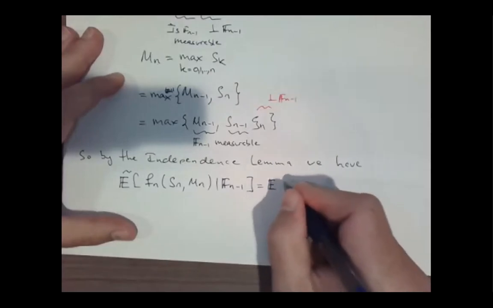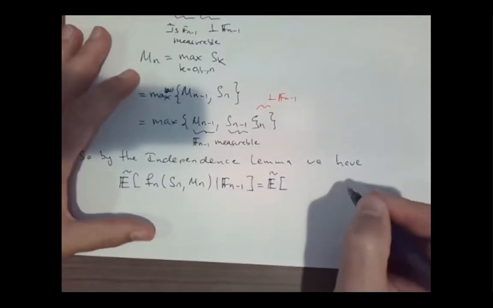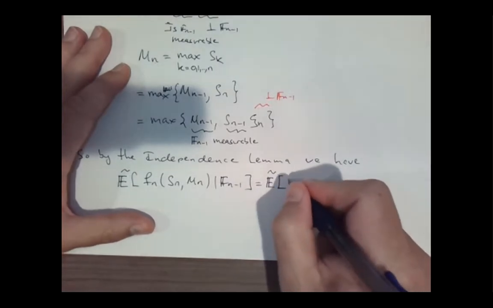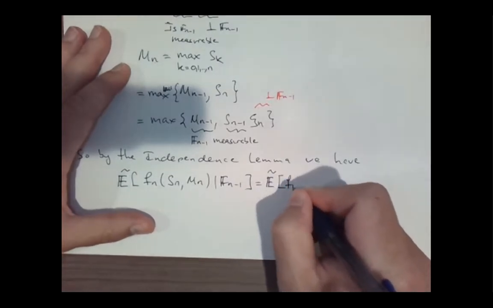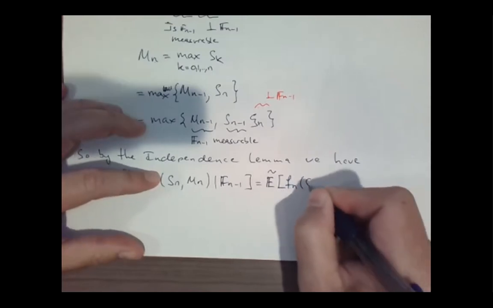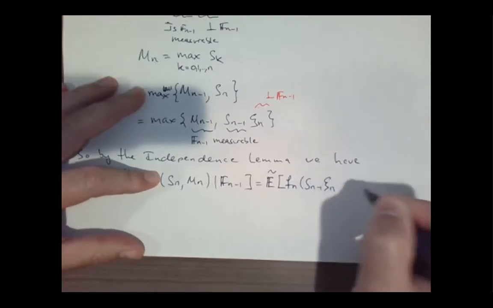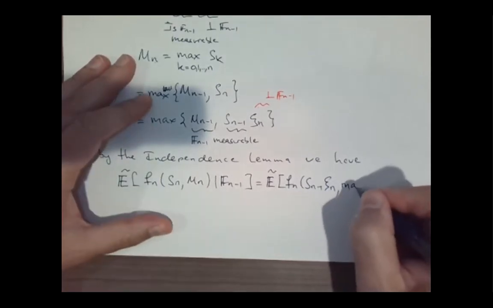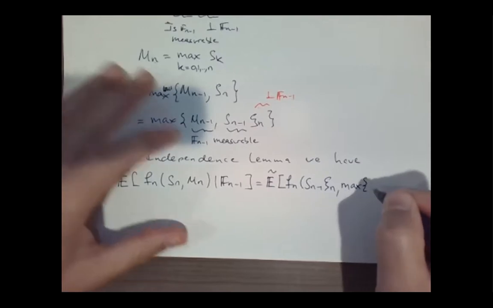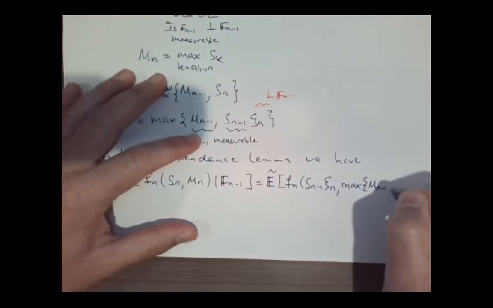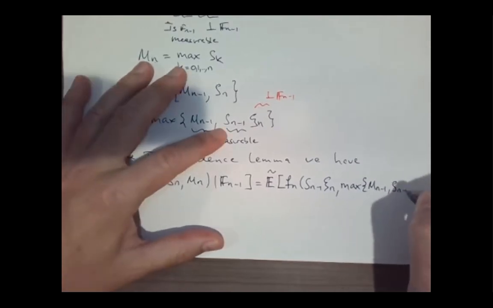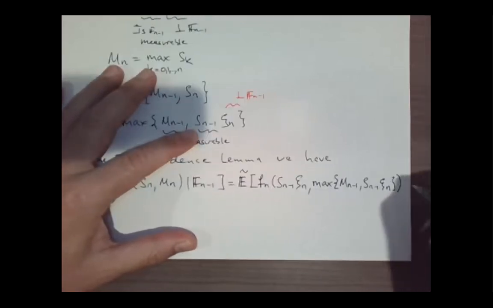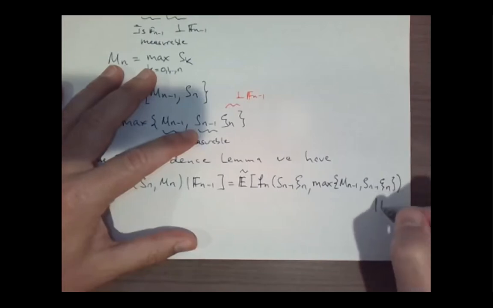I'll get that this is E tilde of Fn. Instead of S, I'll have Sn minus 1 times psi. Instead of Mn, I'll have a max of Mn minus 1 and Sn minus 1 times psi, conditional on Fn minus 1.